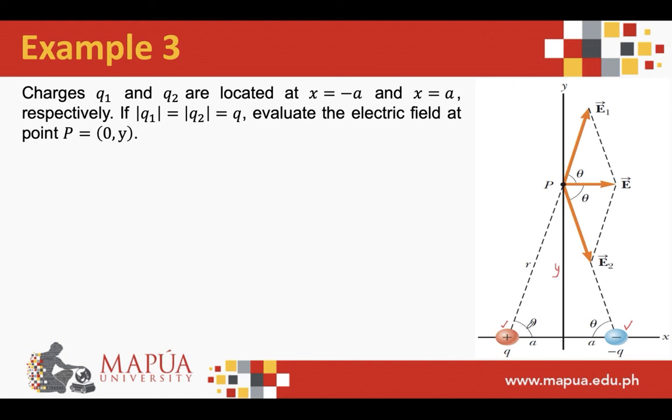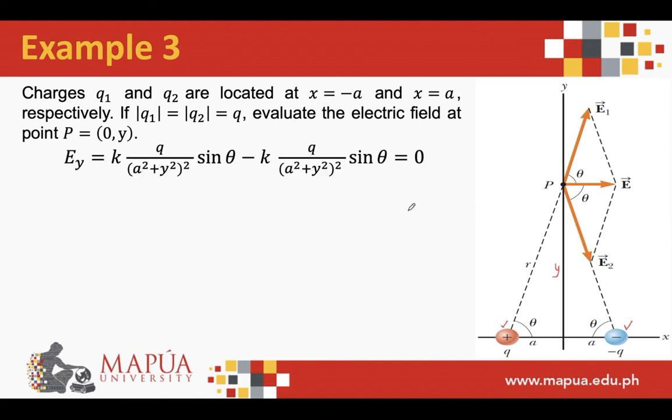If this is angle theta, this is also angle theta. Since A is given and Y is given, you can compute theta by the tangent function. So Y over A is tangent of theta. So you can get the direction of E1 and E2.